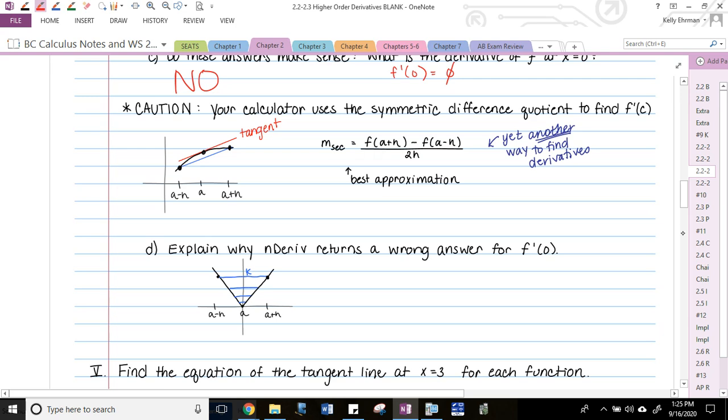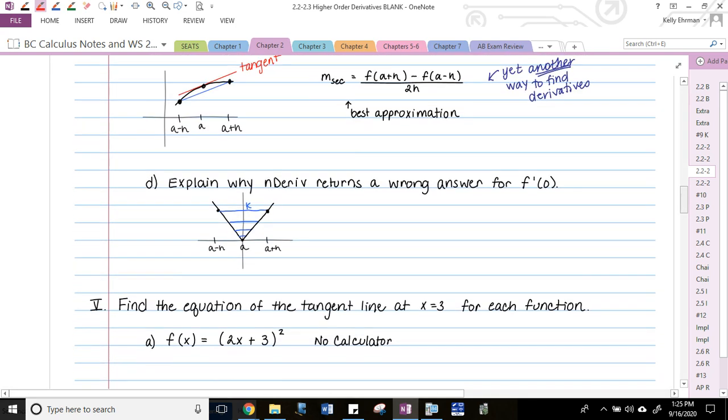The problem with the absolute value graph is there are all kinds of points at which you can find a secant slope that would be parallel to a tangent slope right here. And all of those secant slopes are coming out to be 0. So it's telling you that the tangent slope is going to be 0.